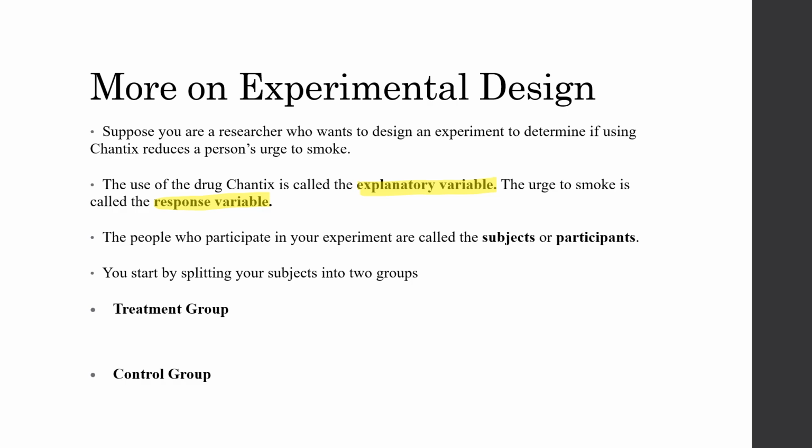If you want to think of them in those terms, your response would be your dependent variable. The explanatory variable would be the independent. So the response is going to depend on the explanatory variable, or the independent variable.